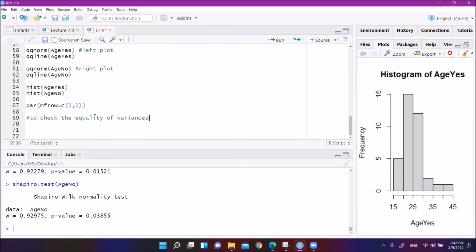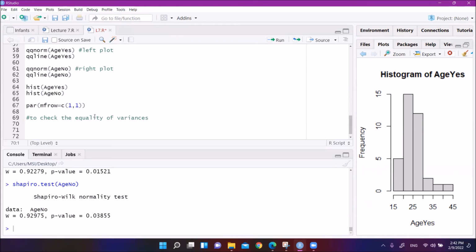Just like we did the normality test, we have to perform this and check whether the variances are equal. If you refer to the previous notes, you will get to know if you had learned this, if you had done, for example, t-test in your mathematical statistics course. If not, it's okay. For 2 sample t-test, you have to check for equal variances.